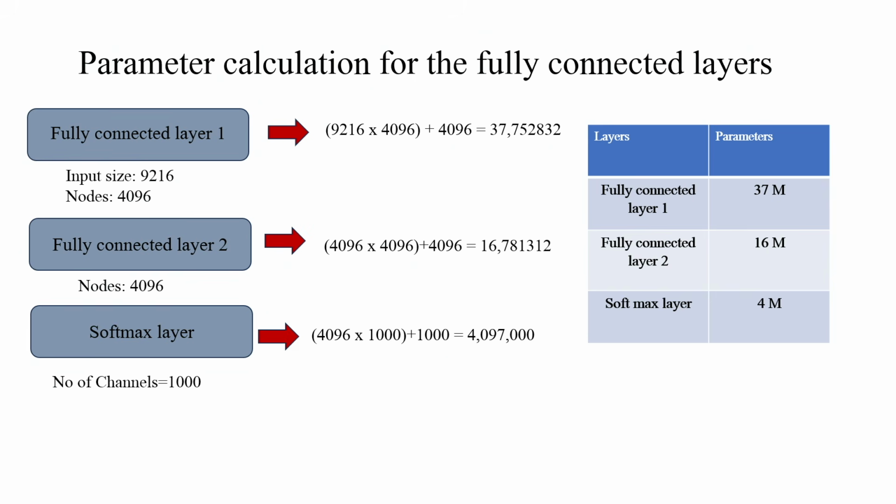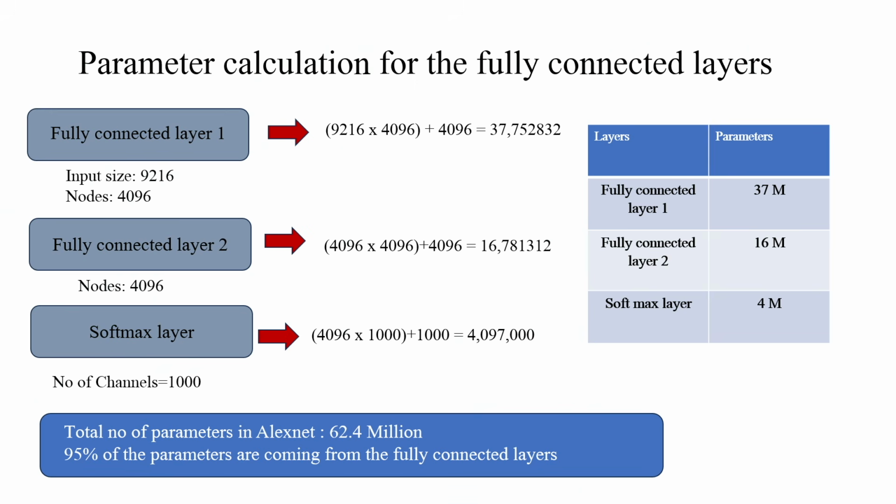Okay. So, if we see in each of these fully connected layers, the parameters are in millions, whereas in the first few convolution layers, they were in thousands. So, if we see the AlexNet architecture, the total number of parameters is 62.4 million.